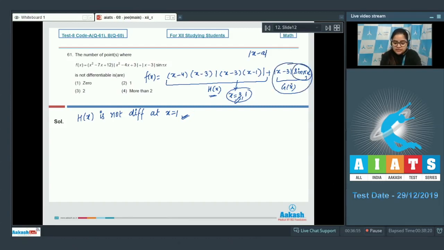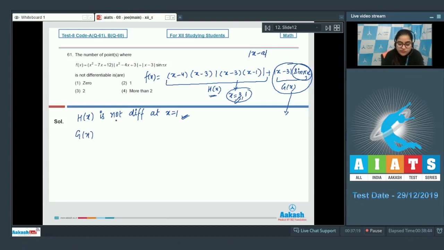What about g of x? In g of x you have mod of x minus 3 into sine pi x. So sine pi x is always differentiable. And what about x equal to 3? See, x equal to 3 is a double root because sine 3 pi is also 0 and mod of x minus 3 is also 0 at x equal to 3. So 3 is a double root of g of x. So your function g of x is differentiable at x equal to 3.